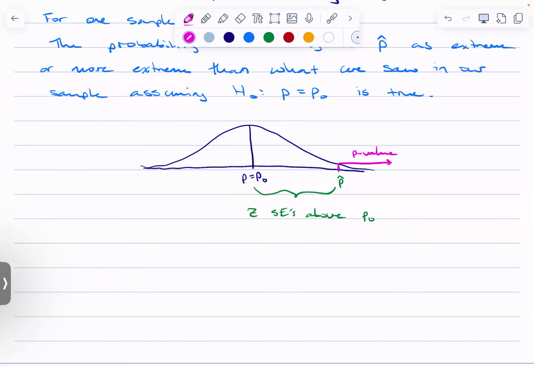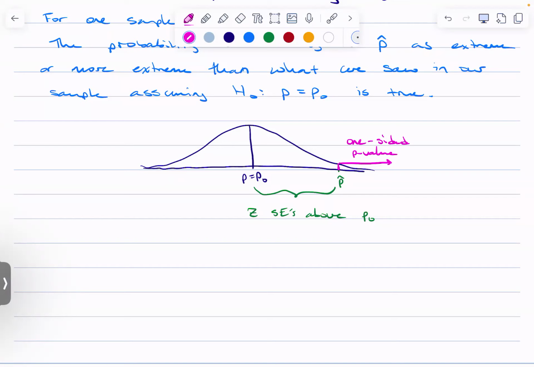This is the p-value. And what we say when we're only looking at one side, we call it a one-sided p-value. It's all coming together now.